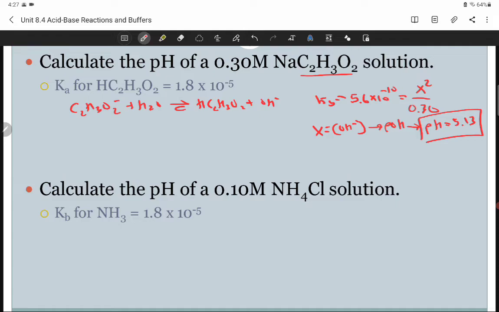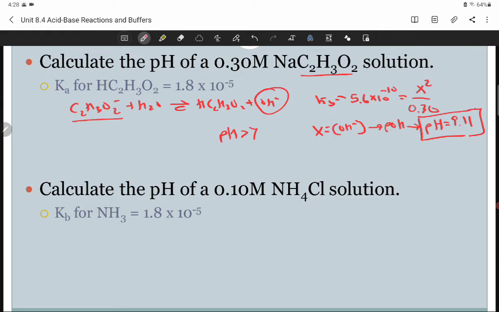No, it will not be 5.13. I wrote down the wrong one, and we're going to talk about that too. That one is 9.11. Sorry. And how do I know that I had written the wrong thing down? Because acetate makes hydroxide, so the pH has to be greater than 7. And what I first wrote down was certainly not above 7.